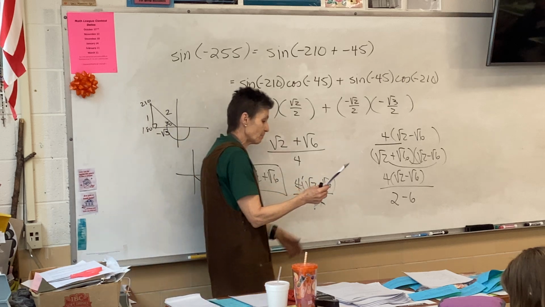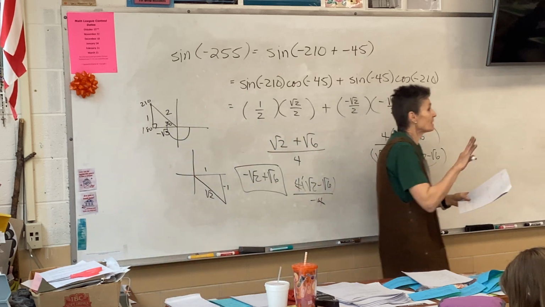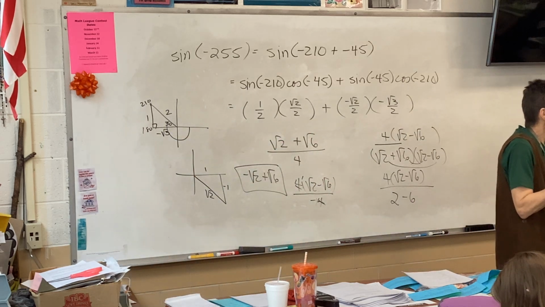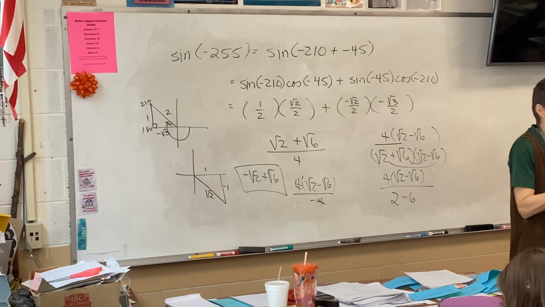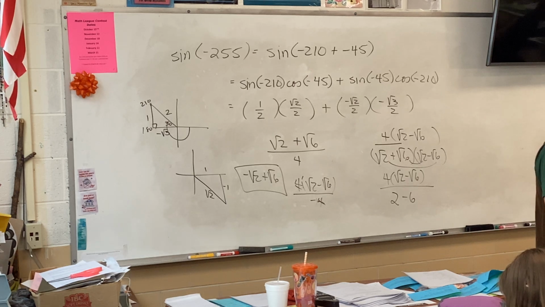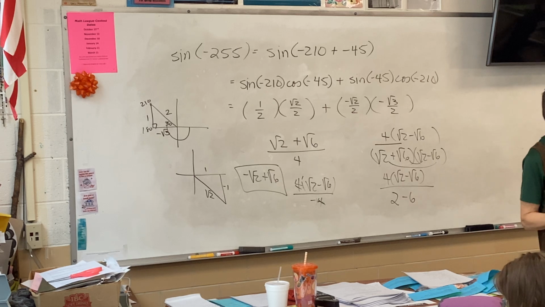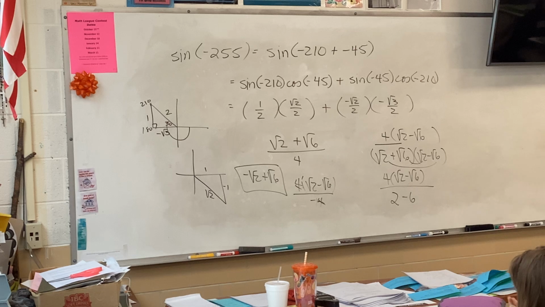All right, let's look at number 2. This is kind of backwards. So when you look at number 2, forget the numbers. I see sine, cosine, minus sine, cosine. Which formula is that? It has a sine times a cosine minus a sine times a cosine. Forget the numbers. Which is it?